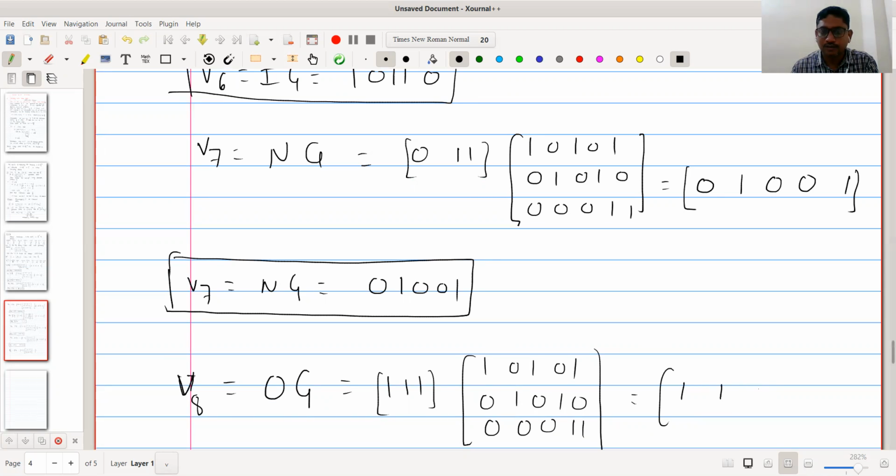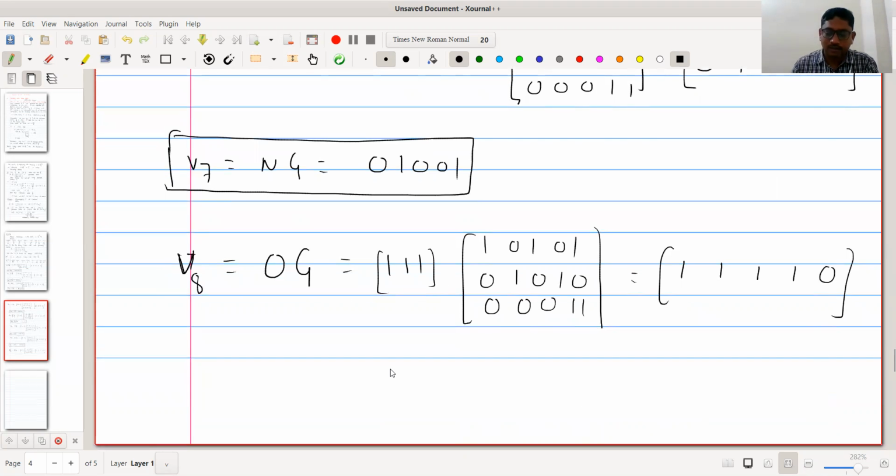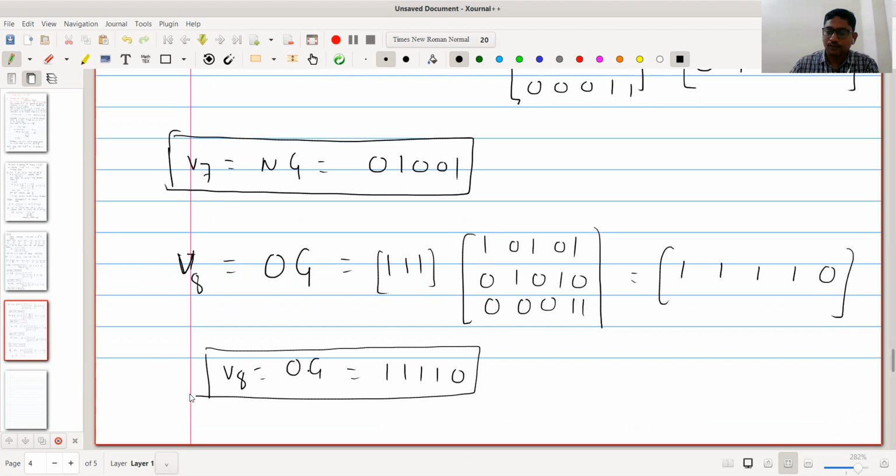This is V8. All the V's are unique, keep in mind, no repetition. So V8 you get as O into G equal to like this. You have to find for all.